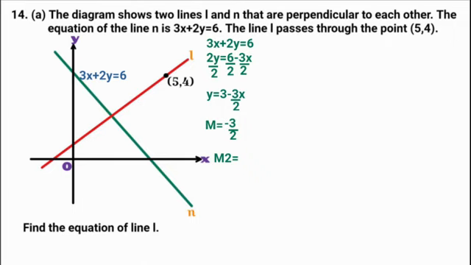We write the inverse of that, which is 2 over 3. So the gradient for the red line is 2 over 3.